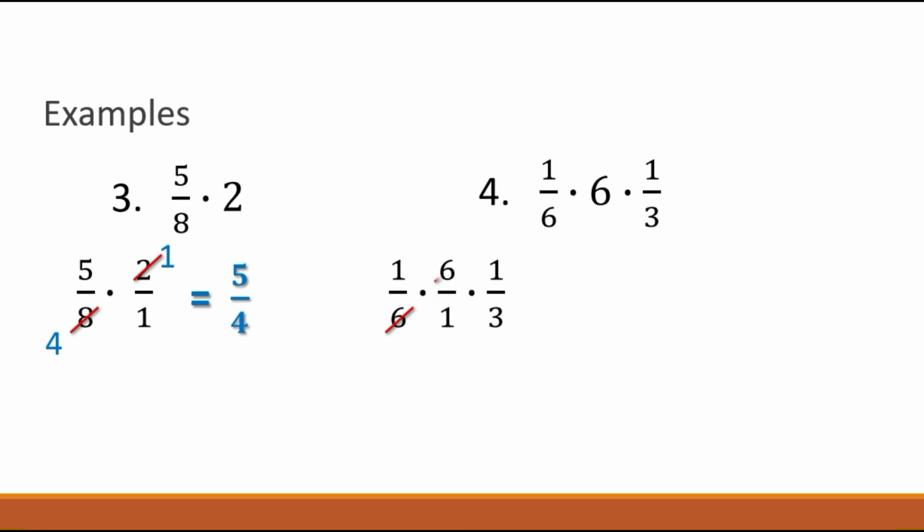Cancel 6, cancel 6. 6 divided by 6 is 1. 6 divided by 6 is 1. Okay, we can now perform multiplication. So 1 times 1 times 1, that is equal to 1. 1 times 1 times 3, that's equal to 3. Therefore, the product is 1/3. The final answer here is 1/3, and 1/3 is already in the lowest term.